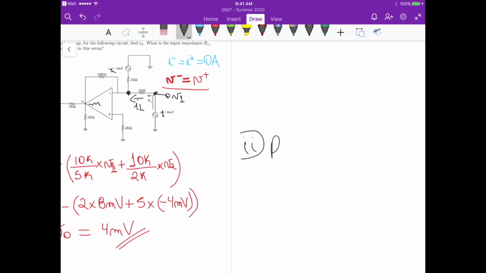For part 2, the input resistance Rin1 is the ratio between V1 and I1. We had 0 volts here because of the ground, so the current I1 equals V1 minus 0 volts divided by 5k.